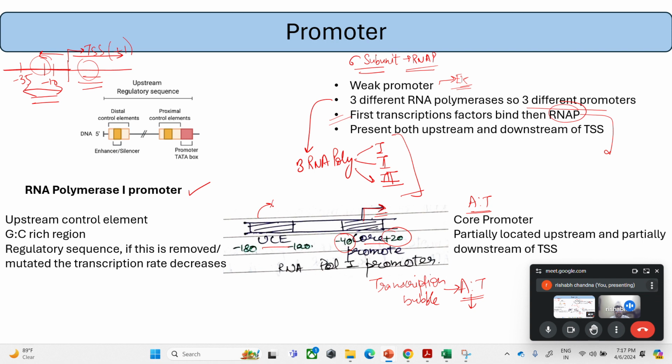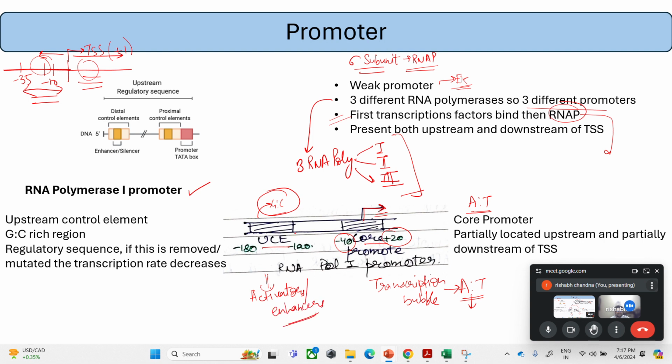This is the GC rich region, and one thing you can remember is that mostly the protein binding sites which are activators or regulatory elements that are not involved in the transcription bubble formation are basically GC rich. Okay, and these regions are the binding site for the activators or enhancers.